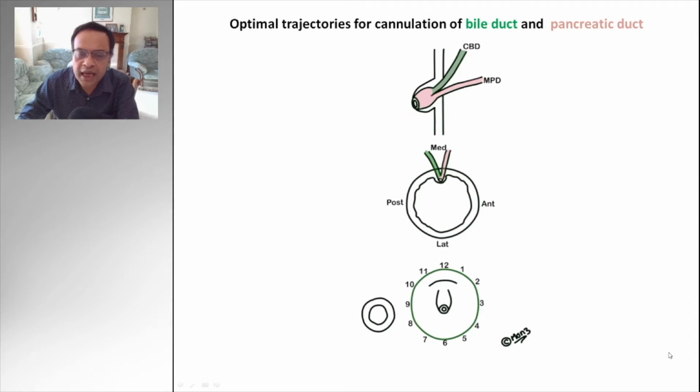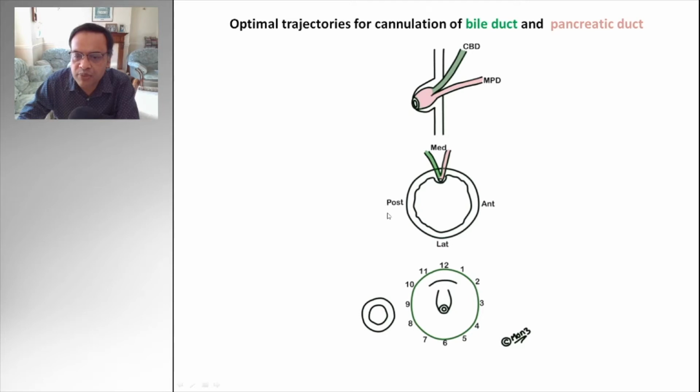Let us now look at the optimal ways of cannulating the bile duct and the pancreatic duct. This diagram is divided into 3 sections. The upper part of the diagram shows a sagittal view of the papilla, with the common bile duct in green and the main pancreatic duct and ampulla in pink.